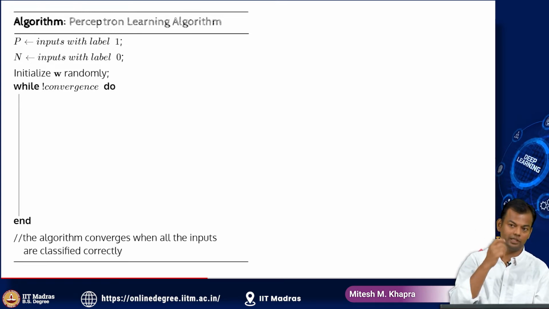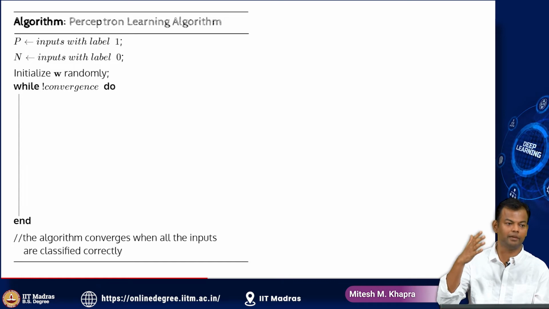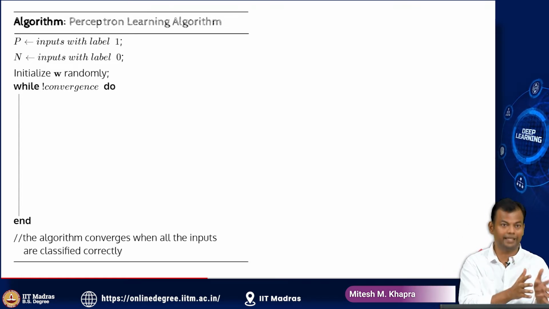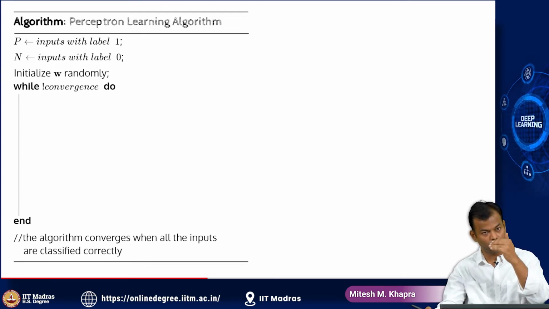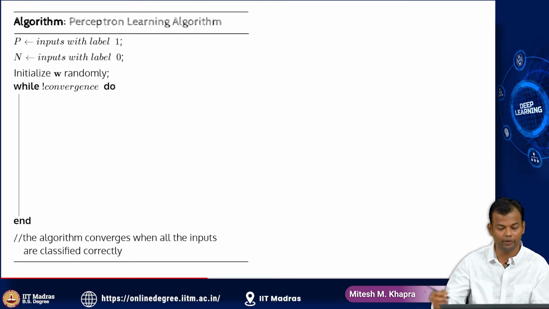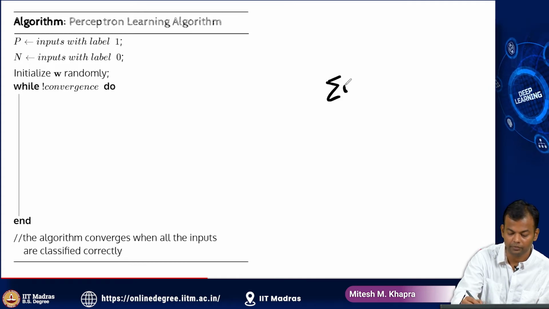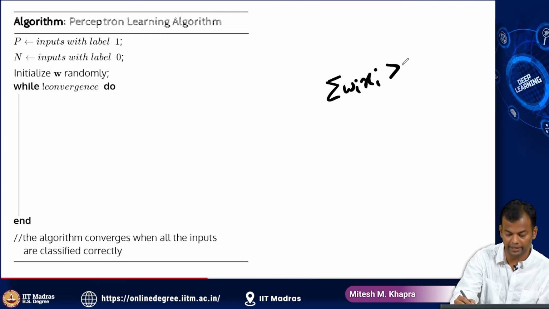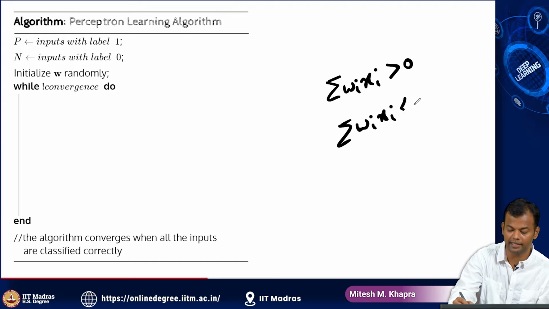The meaning of convergence here is that I reach a point such that my values for W are such that for all the positive points in the data which is given to me, my output is 1, and for all the negative points in the data, my output is 0, right? So in other words, for all the positive points, summation Wi xi is greater than 0, and for all the negative points, summation Wi xi is less than 0.